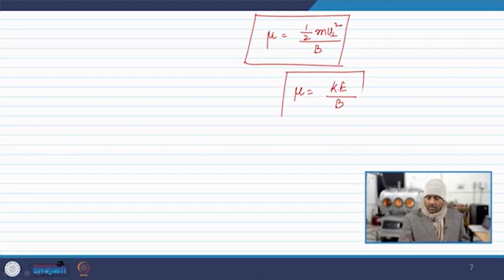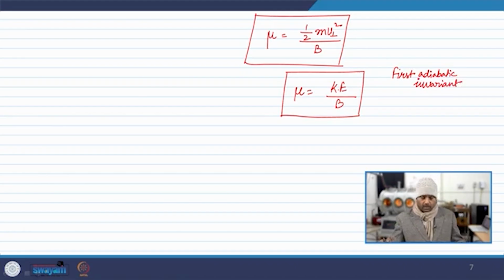So, this magnetic moment decides what is called the first adiabatic invariant. Whether the particle is moving with higher angular frequency but with smaller radius of gyration, or the particle is moving with higher radius and smaller angular frequency, the magnetic moment generated will be like this.